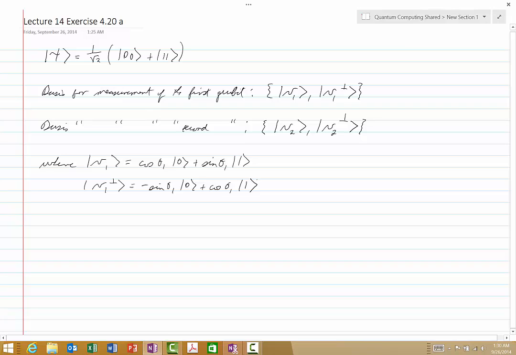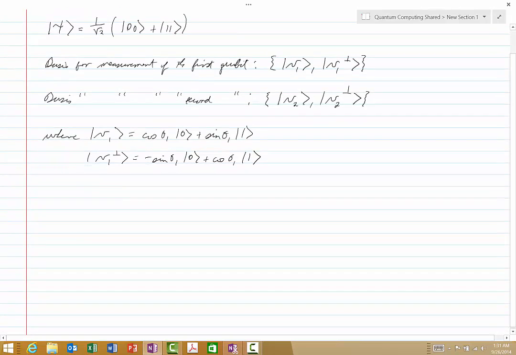And of course, if you take the inner product of those two vectors, it's easy to see that these vectors are indeed orthogonal to each other. Furthermore, each of these vectors is of unit length. So this measurement basis for the first qubit is indeed an orthonormal basis.